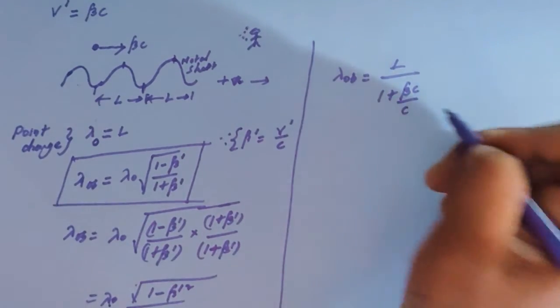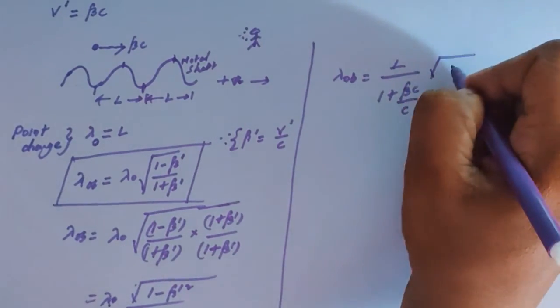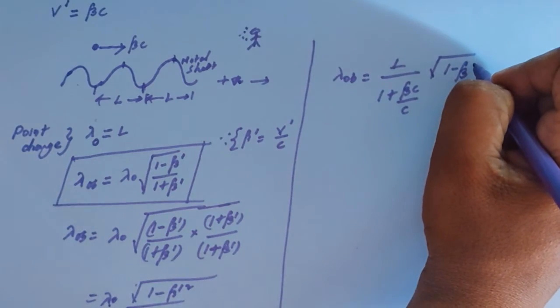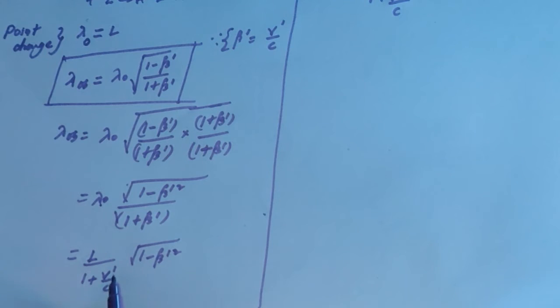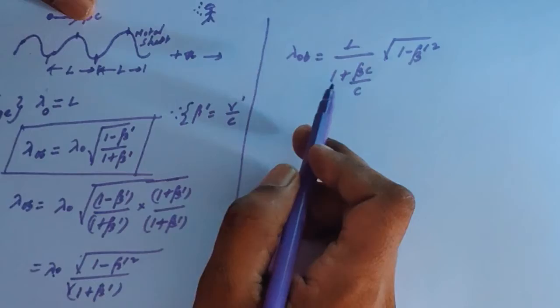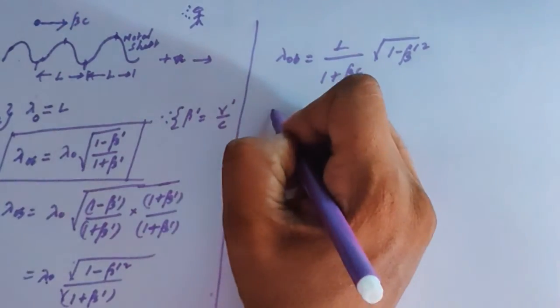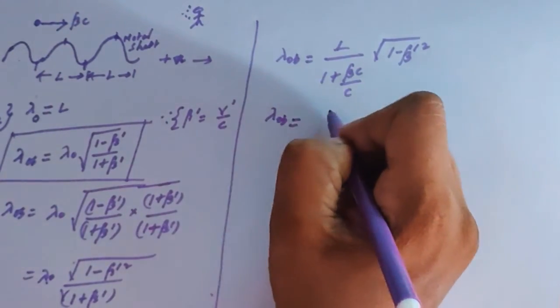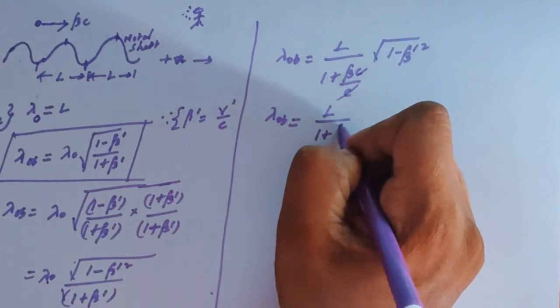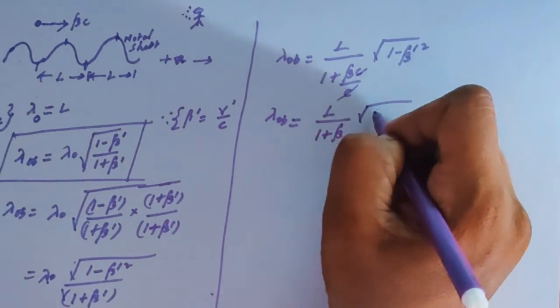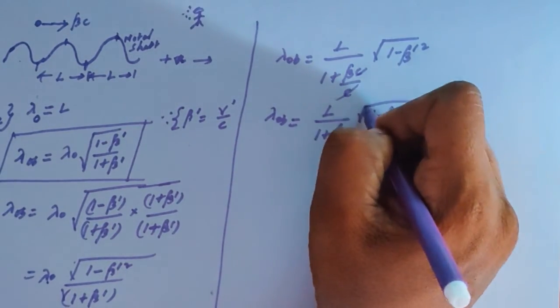Look at this expression: 1 plus v prime by c. V prime is nothing but the point charge velocity moving along the positive x direction. It is beta times c. That's why we have written it here. Everything else remains the same. So the lambda observed wavelength by the observer should be equal to L over 1 plus beta times square root of 1 minus beta prime square.